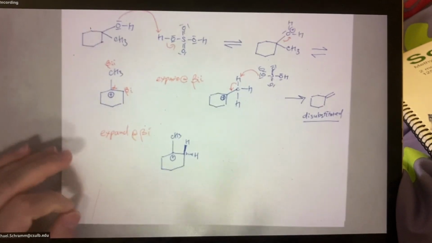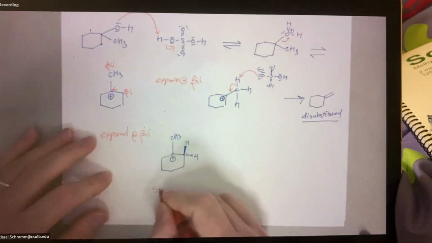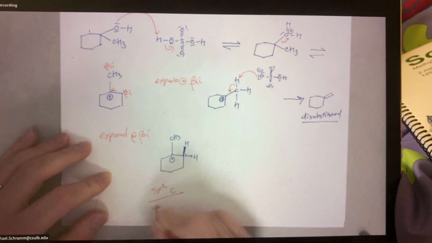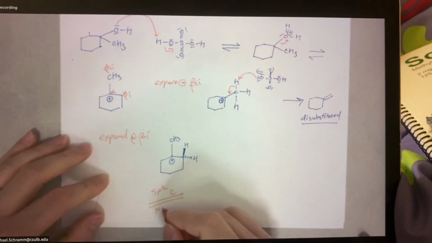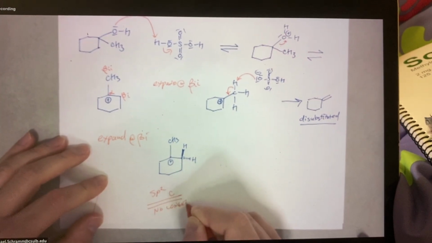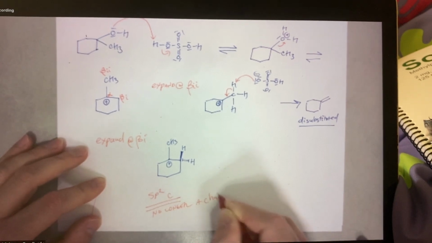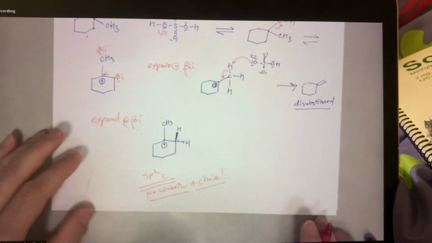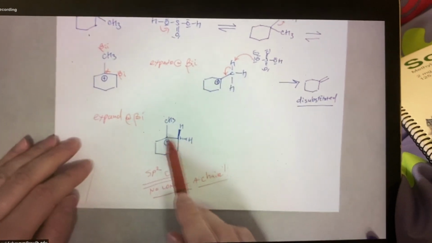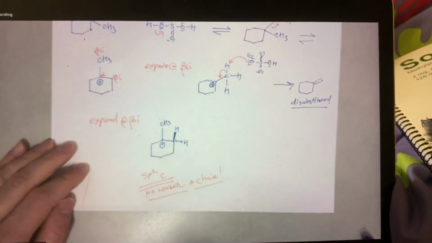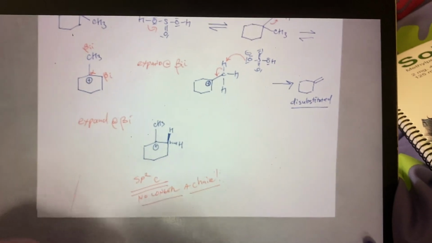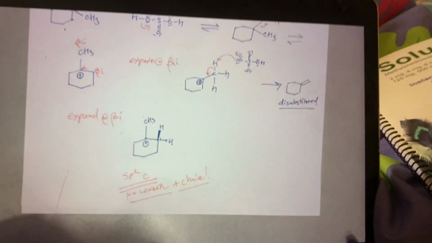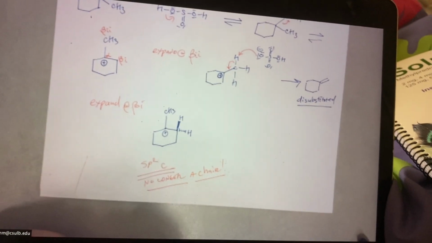This molecule has a sp2 carbon in it. It's no longer a chair. Chair conformation is cyclohexane, where we have sp3, sp3, sp3, sp3, sp3, sp3. We no longer have that. So this molecule is no longer chair-shaped. We can't even really draw it as a chair.